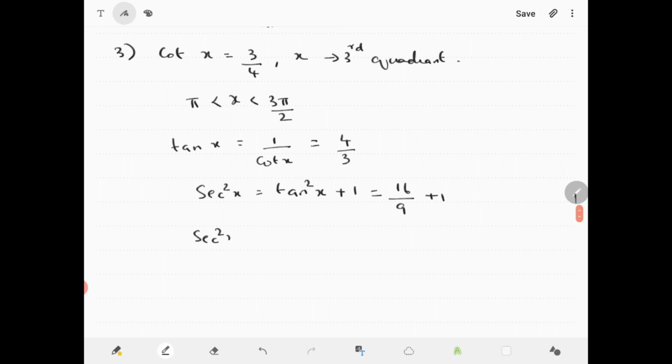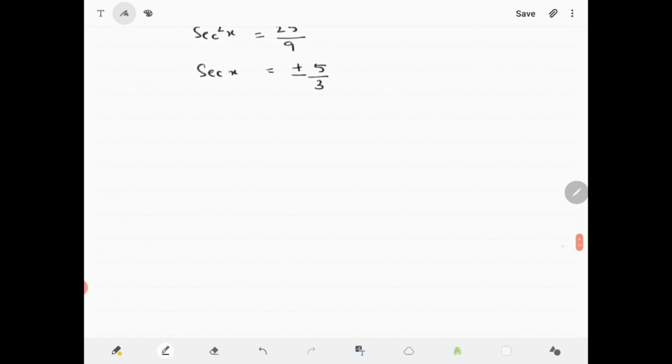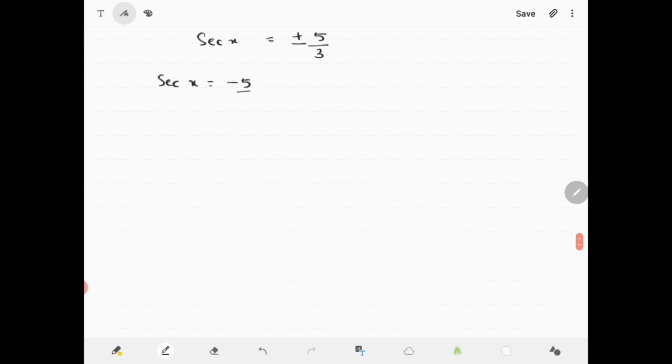Secant square x will be equal to 25 by 9, or secant x is equal to plus or minus 5 by 3. Here x lies in the third quadrant. So we take only its negative value, which means we take the value of secant x as minus 5 by 3. Cos x will be the reciprocal, minus 3 by 5.